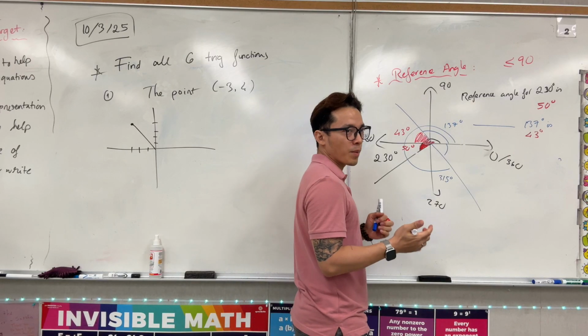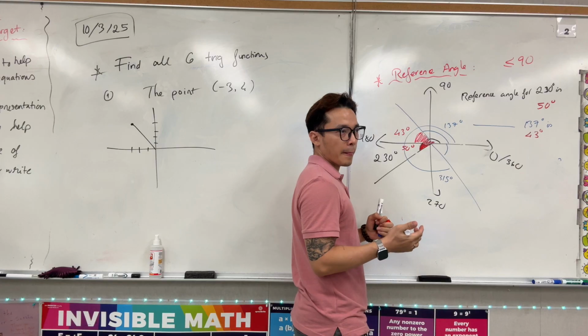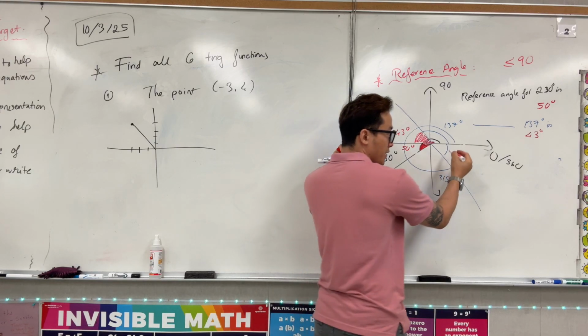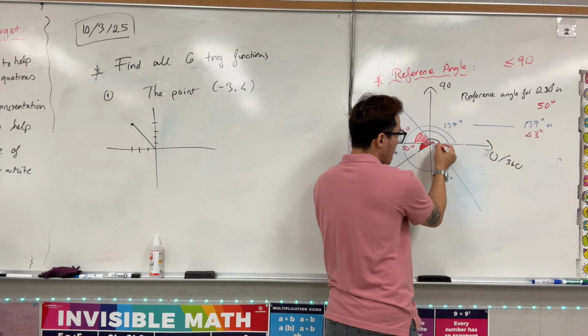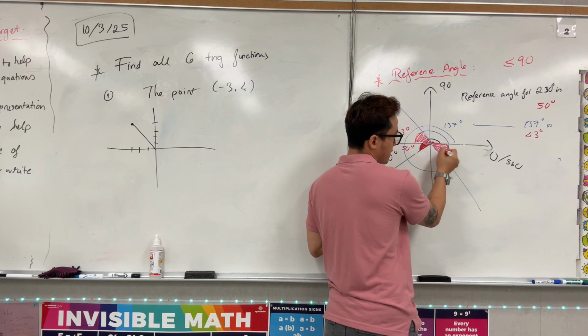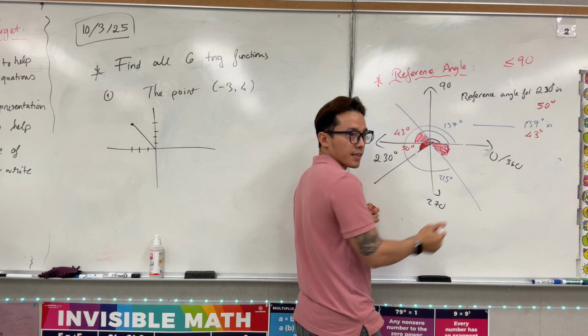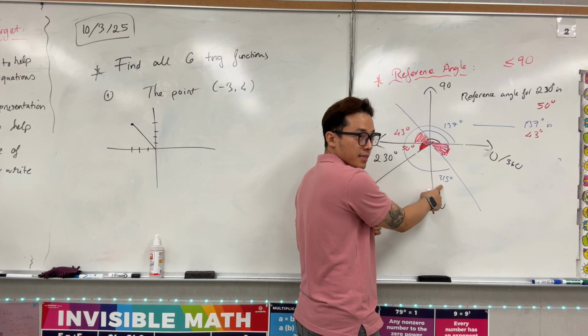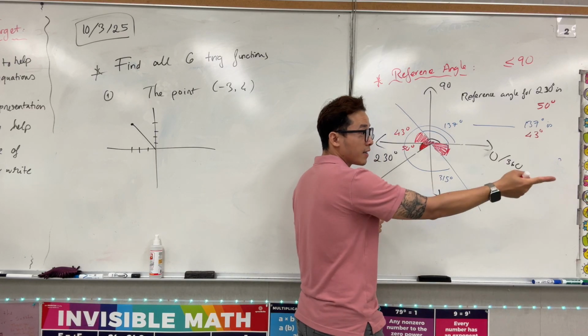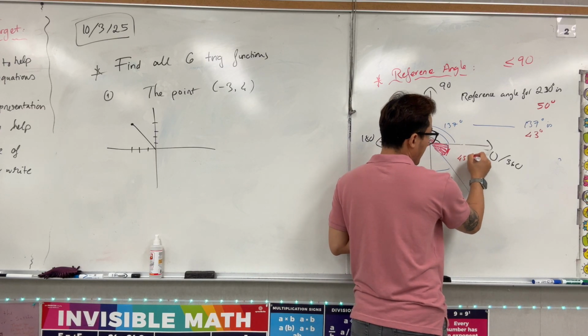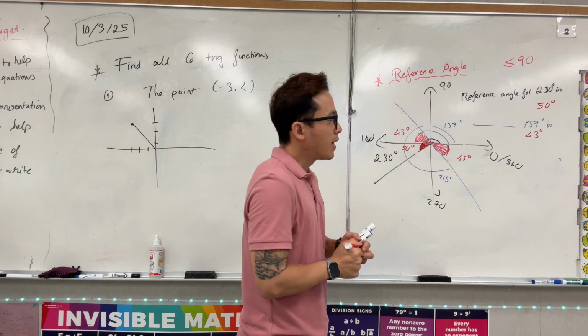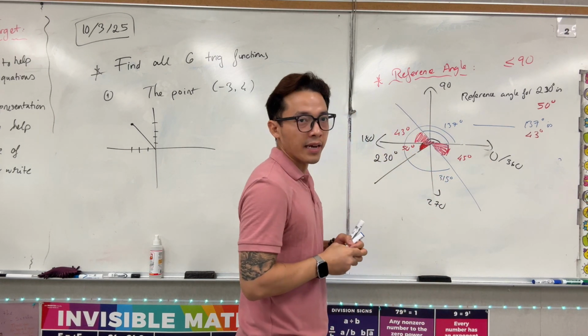Which quadrant will it be in? Quadrant 4, this one, right? So what is the angle for this? You do 360 minus 315, which is 45. Very good. 45 is the reference angle. That is why we use the reference angle.